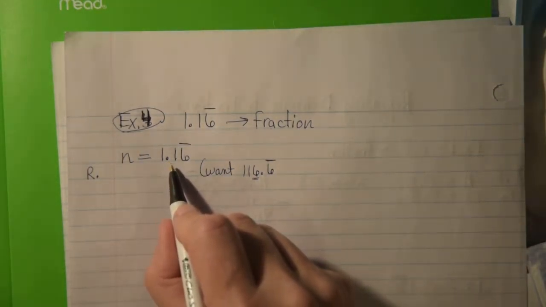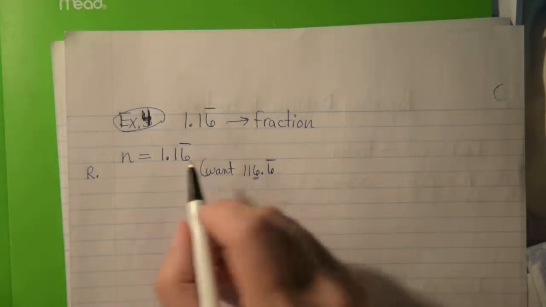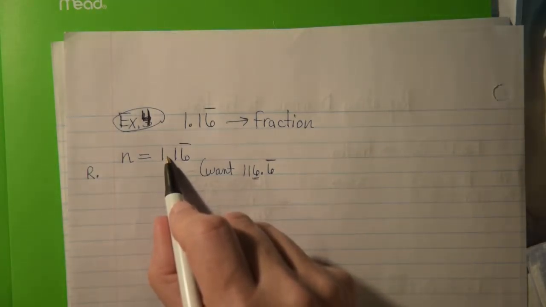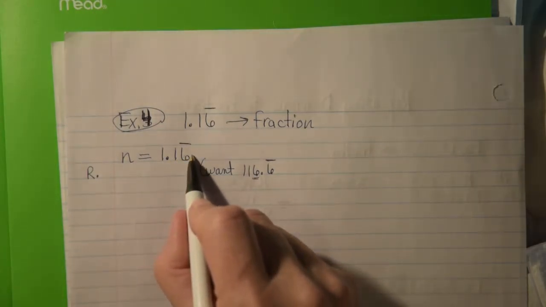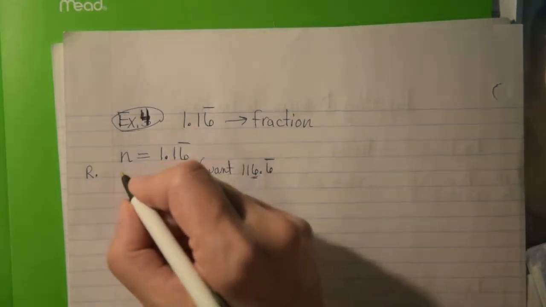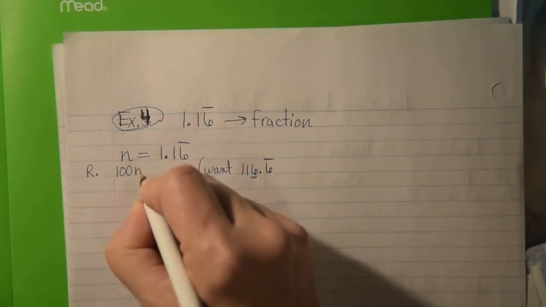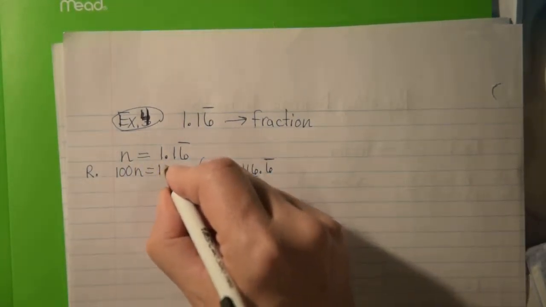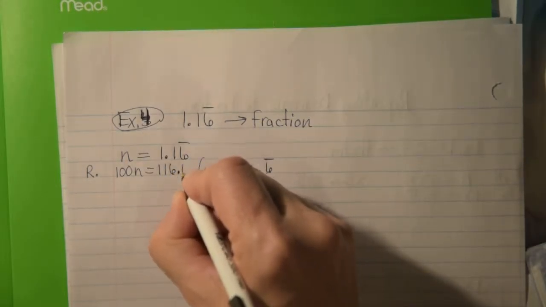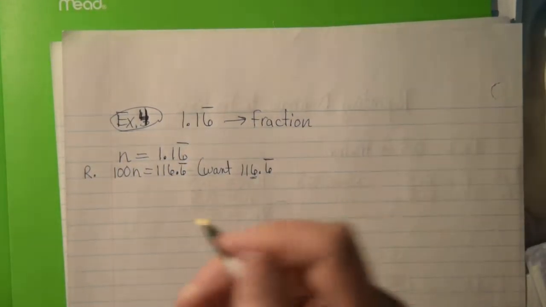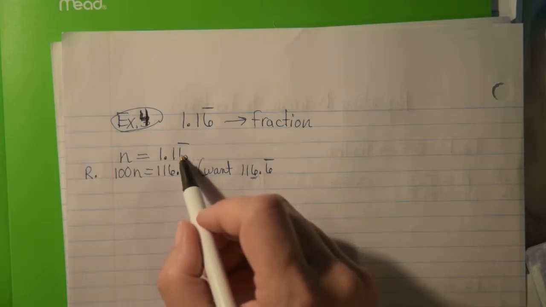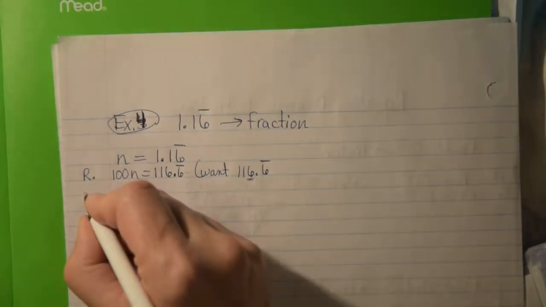So I have to multiply this by 100 to move the decimal 2 places to the right. So 100n equals 116.6 repeating.